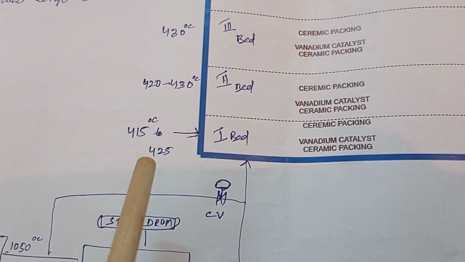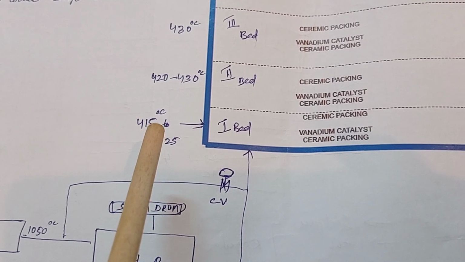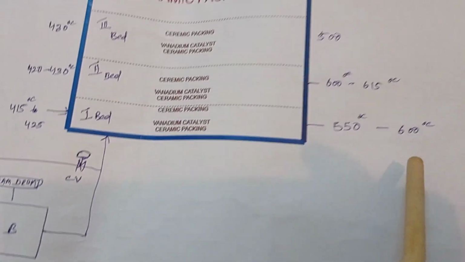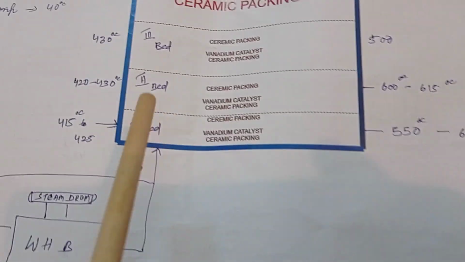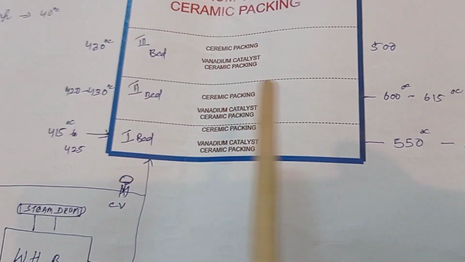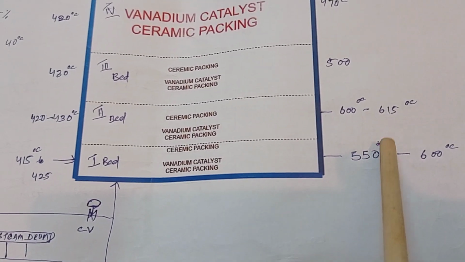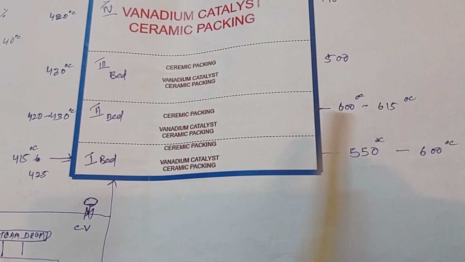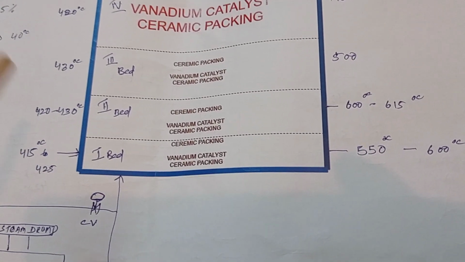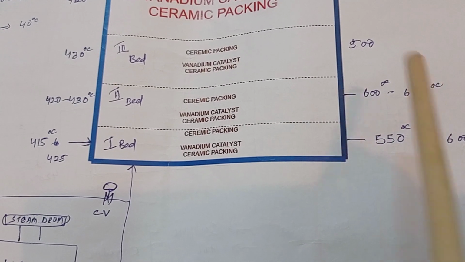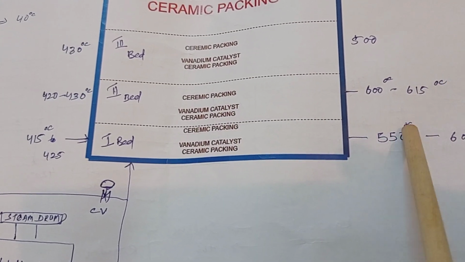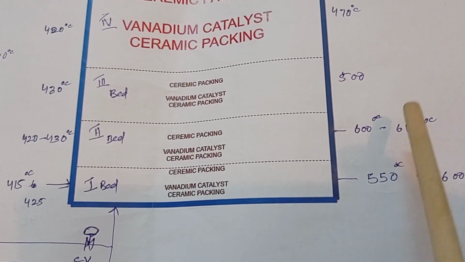Okay, the inlet to the first bed will be 415 to 425, we have to maintain the temperature, and the outlet will be 550 to 600, and the next inlet will be 420 and outlet 600 to 650. We got temperature up to 615. So this temperature is high, we cannot send this gas to the third bed. That is why we send this gas to the heat exchanger.